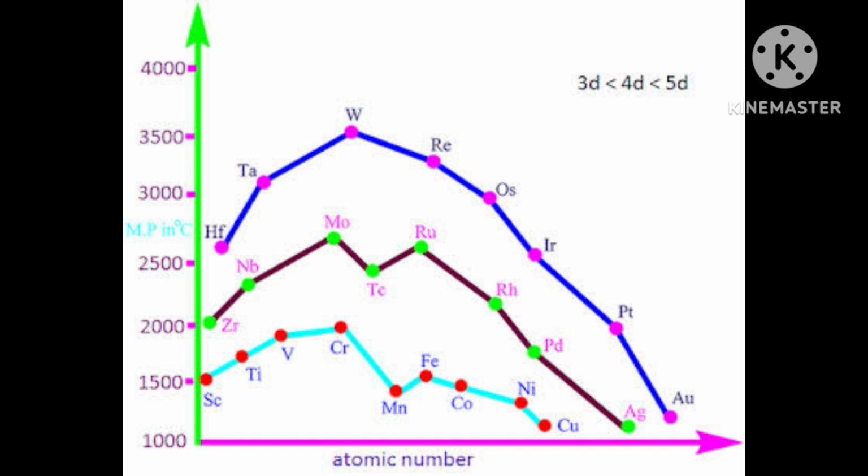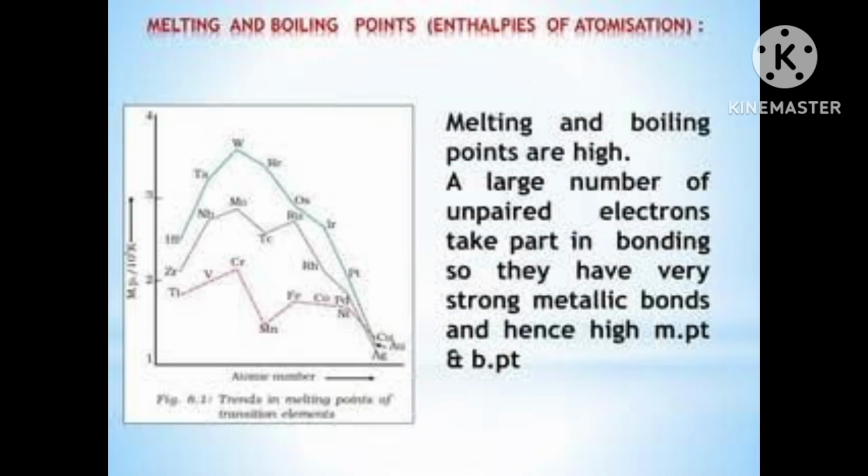But 5d is also there. Then it will compensate, because due to the 4f now it will decrease. 5d is also there, that is somewhat bigger.